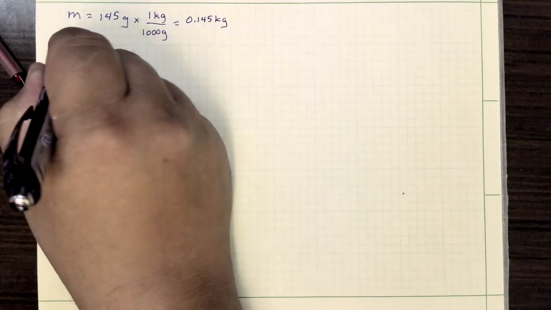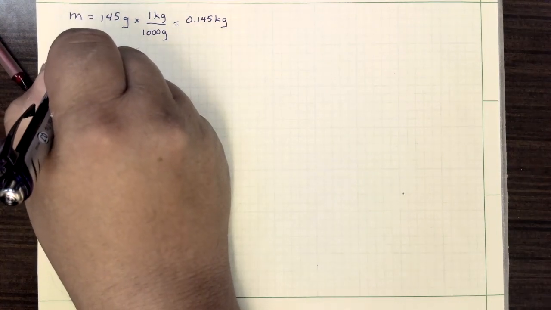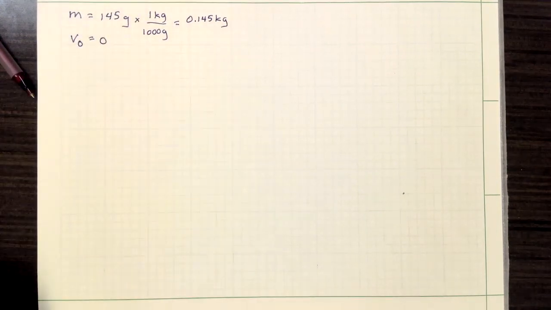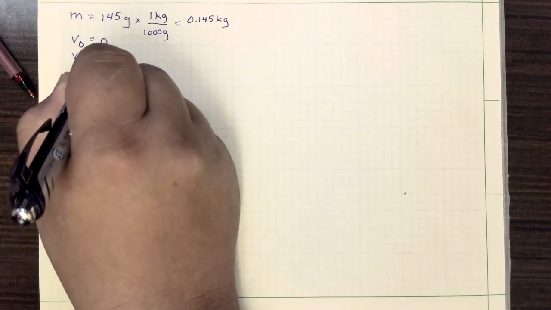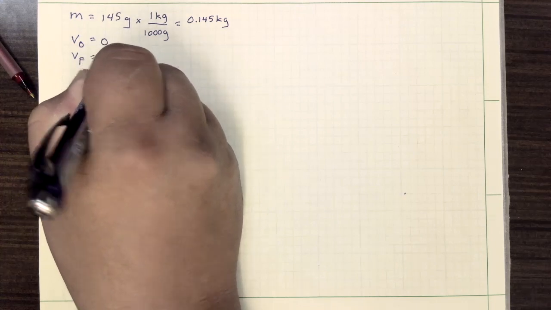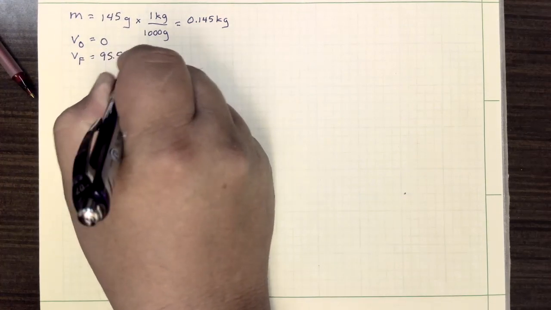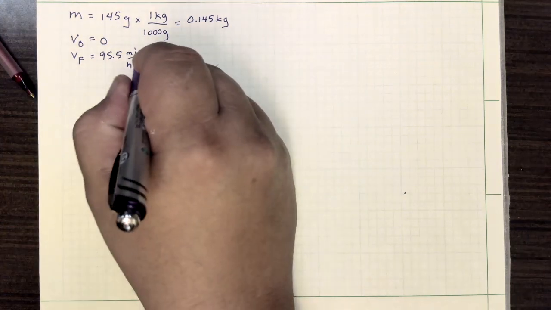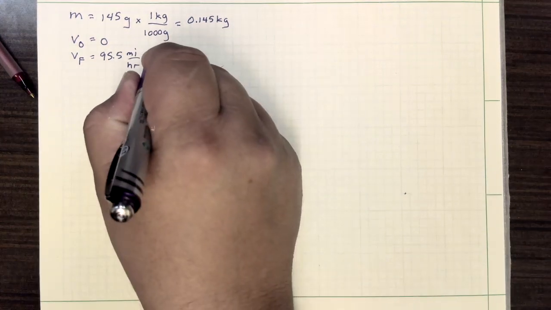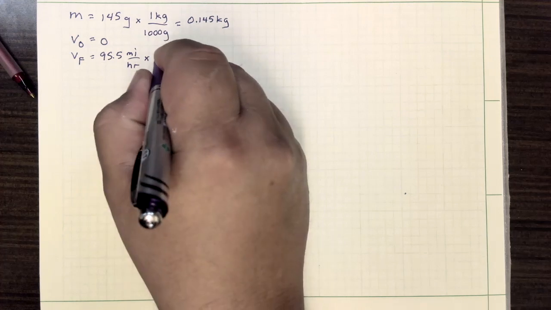We are told that the ball starts from rest, so the initial velocity is 0, and the final velocity is 95.5 miles per hour. Now, this is not the correct units. We need the velocity to be in meters per second, so we go through our conversion process.